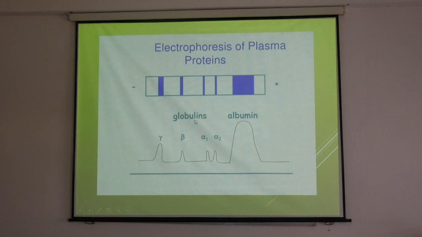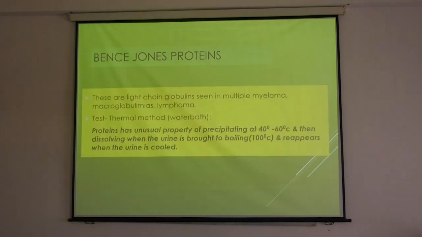There can be different types of globulin: alpha, beta, gamma. The immunoglobulins are gamma globulins. So what I was saying about multiple myeloma, the gamma globulins. In multiple myeloma, we find a protein called Bence-Jones protein.